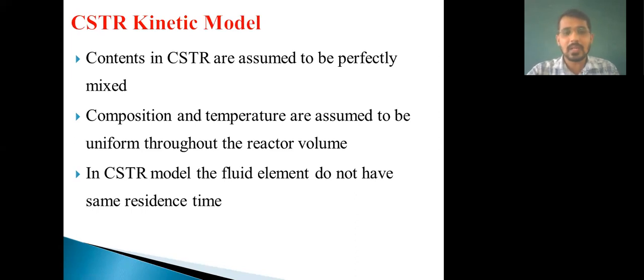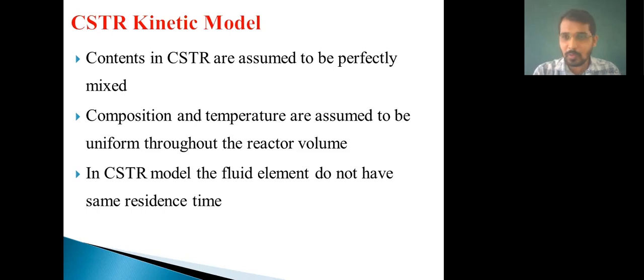The last point is that in a CSTR model, the fluid elements do not have the same residence time. But in PFR, we have seen that residence time is the same for all fluid elements. In the CSTR model, there is no exactly same residence time for all the fluid elements. So this is all about the CSTR model.